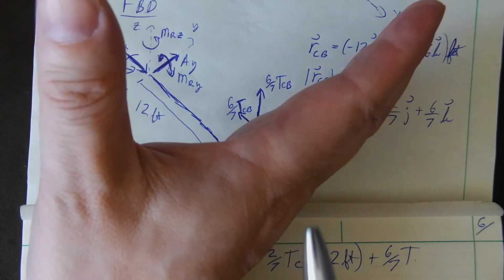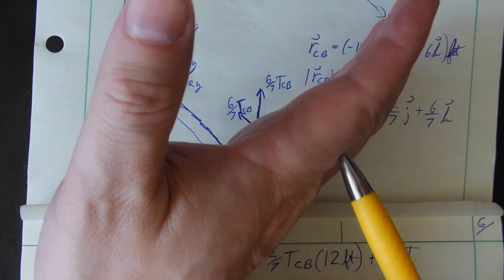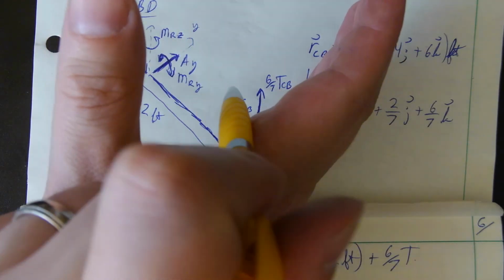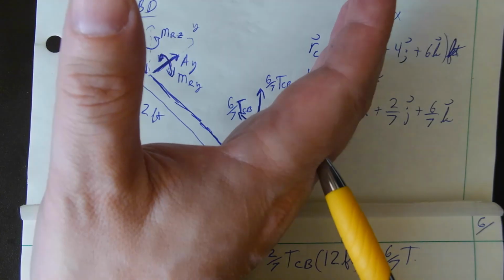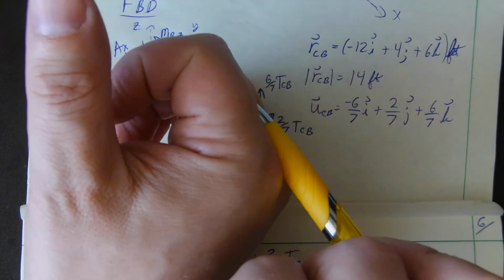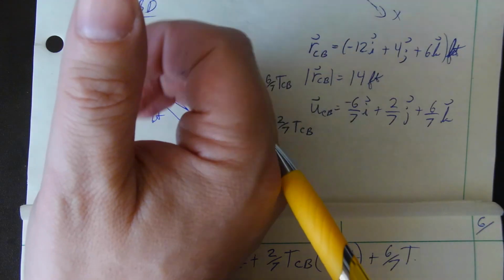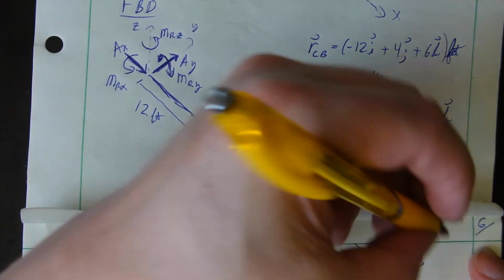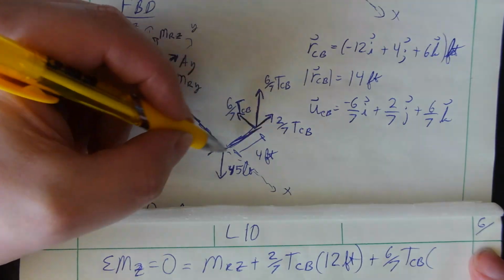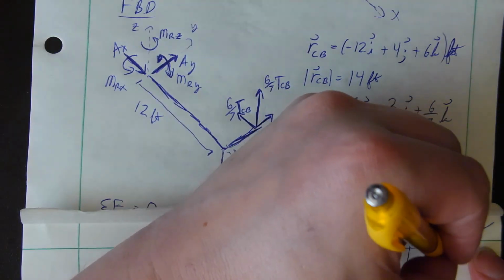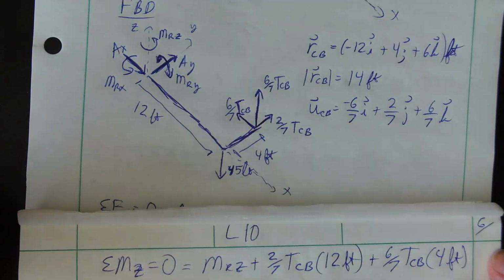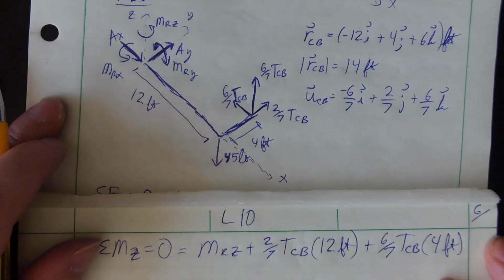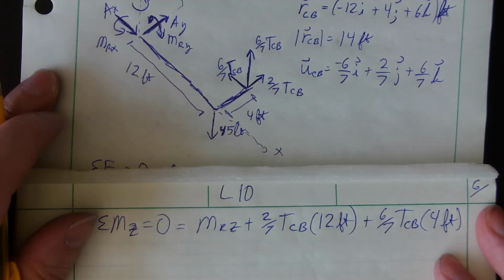I've got my thumb in the positive z, and I try to push my fingers in the direction of this 6/7 force there. Notice they close. That is a positive z moment caused by a force that is 6/7 TCB, again acting a distance of 4 foot away from that z-axis. So that is your equation there.